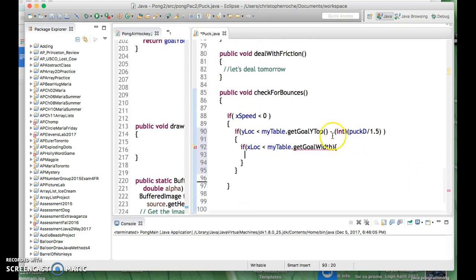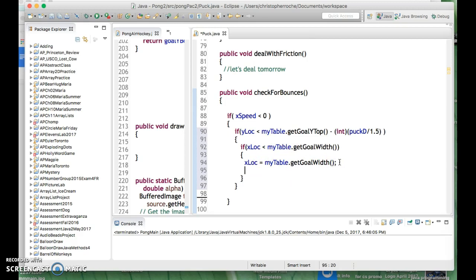So I'm going to say set x loc equals that. If it's less than this, then I'm going to set it to be that, so it stays on the table.